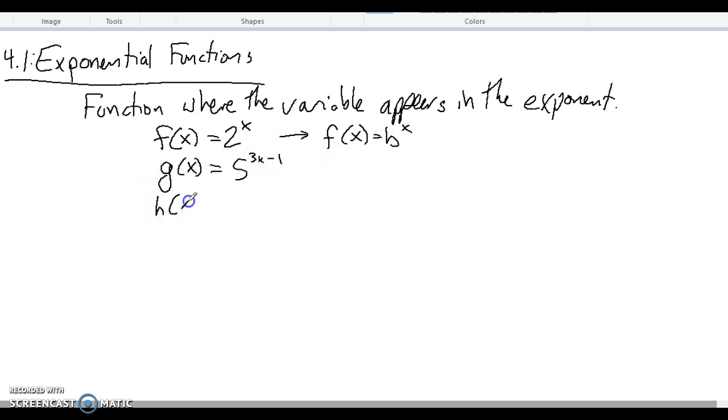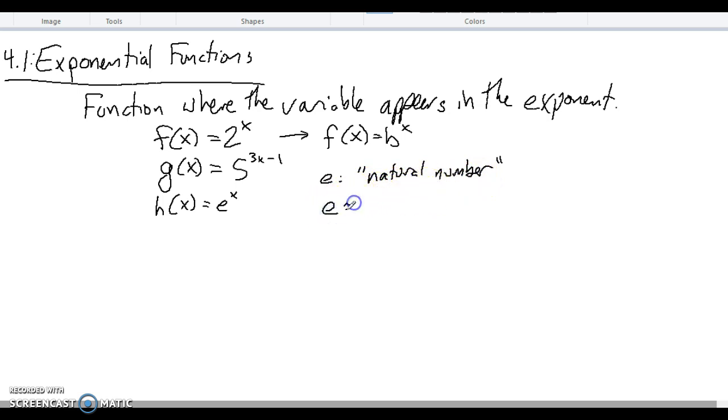We could also see something like this. h of x equals e to the x. And now e is not a variable. e is actually a number, known sometimes as the natural number, although it doesn't look very natural. It's called that because it shows up in nature way more than anything deserves to.